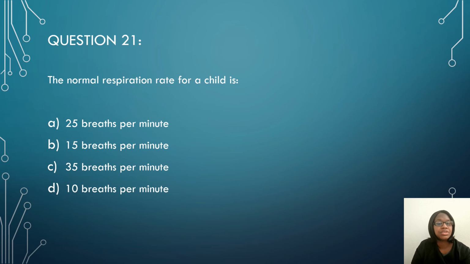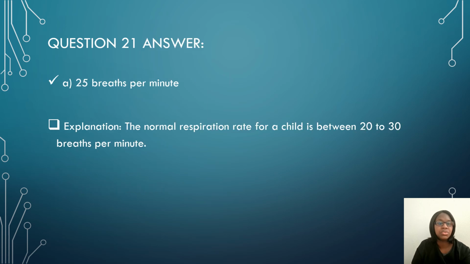The normal respiration rate for a child is 25 breaths per minute. And you have that normal range for children, 20 to 30. But for the sake of this video or the question, it's going to be 25 breaths per minute.